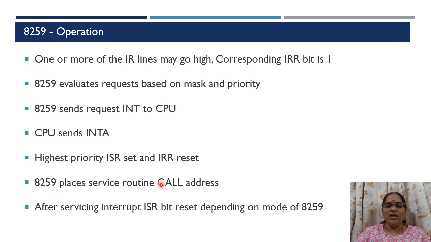So refer to that, identify the call address, go to that program location, service it, and come back to the main program. After servicing, the in-service bit which was set while servicing is reset, and then you come back to the main program. This is the way in which the sequence of operations happens.